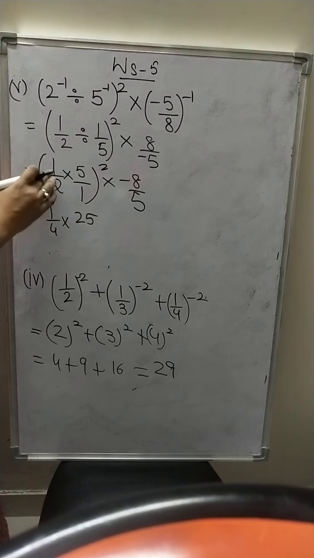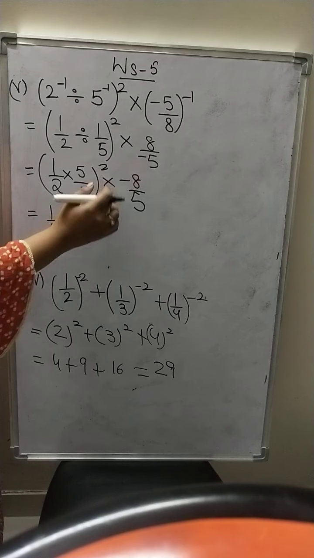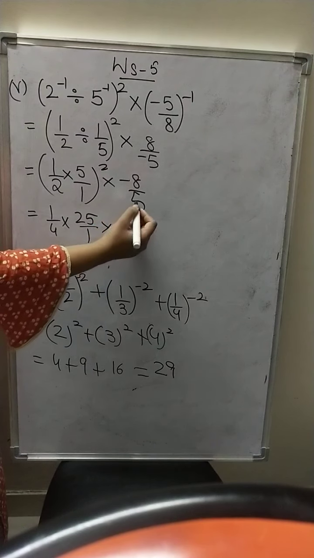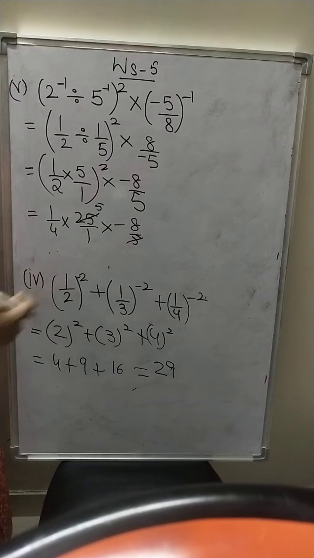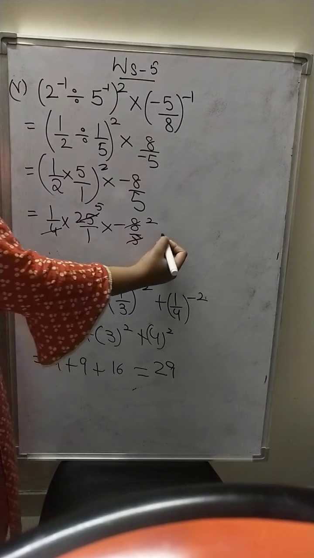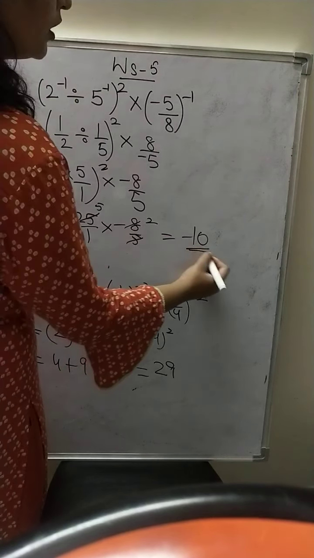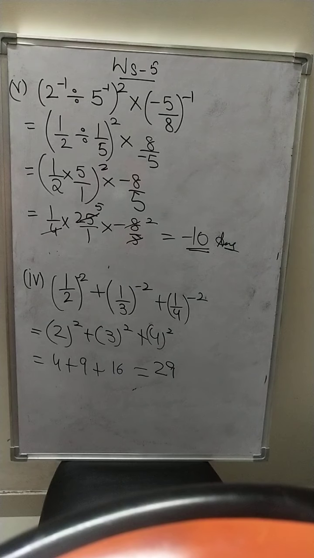Why? Because children, 1 square is 1, right? And 2 square is 4. Then again into minus, there is no change in this. This will be as it is. So I'll cancel it. I'll get a 5 over here, and if I cancel it, I'll get a minus 2 over here. So my answer now comes out to be minus 10, and now this is the correct answer.